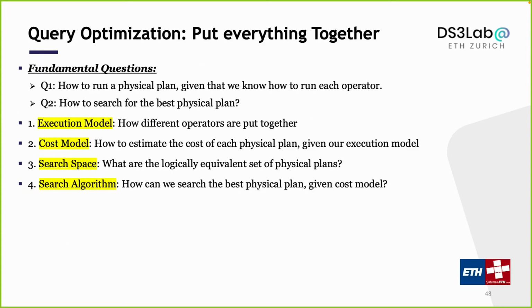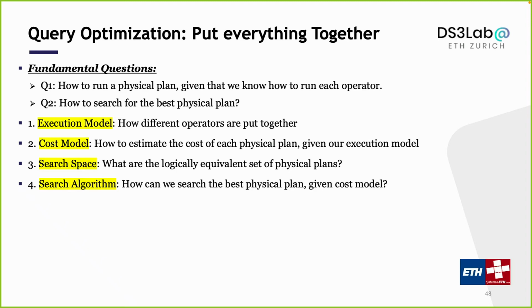Okay? So these are the 4 things that we want to talk about when we try to build a query optimizer. Again, we could use the whole semester to talk about query optimization. That's a very hard thing to do, but in principle, these are the 4 things. You want to understand the execution model, how you can actually run a tree or DAG of physical operators. The cost model, how you can estimate the cost for each operator and put them together.